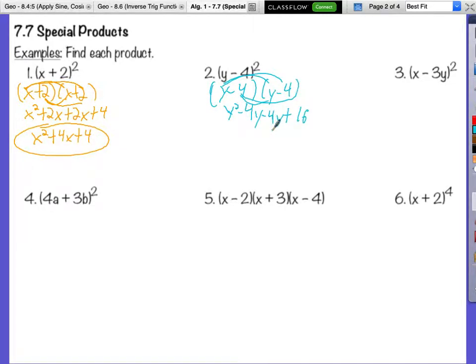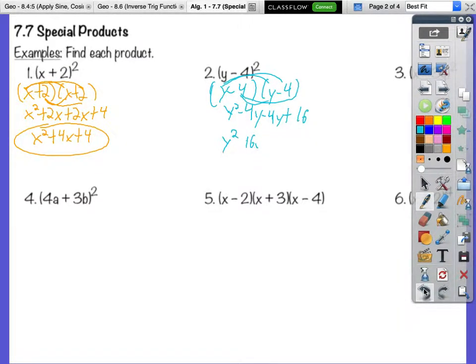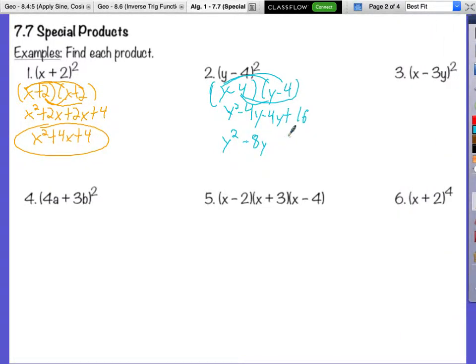A lot of us wrote y squared, then 16y to the second. What did we do here instead of adding and subtracting? Multiply, but we need to add and subtract. So it'll be negative 8y. You don't change the exponent on that when you add and subtract. Plus 16. And that would be your answer.